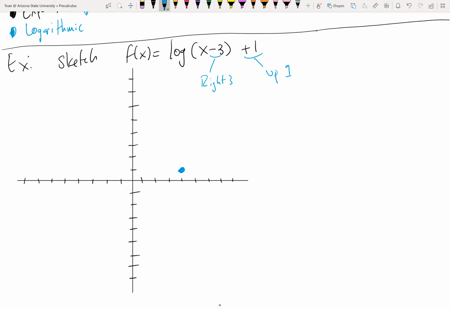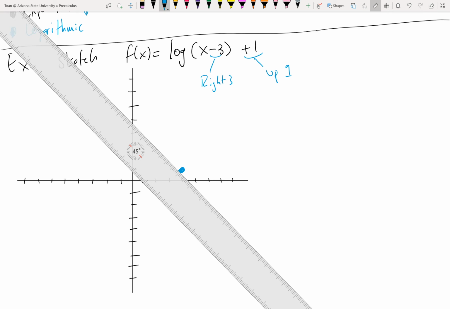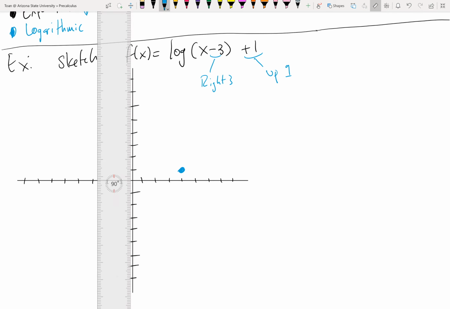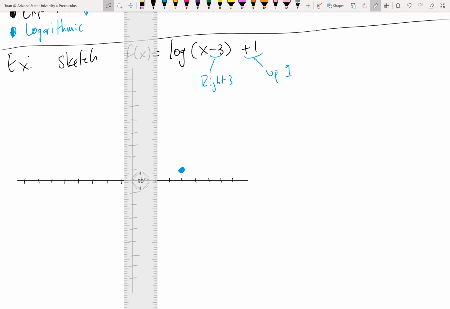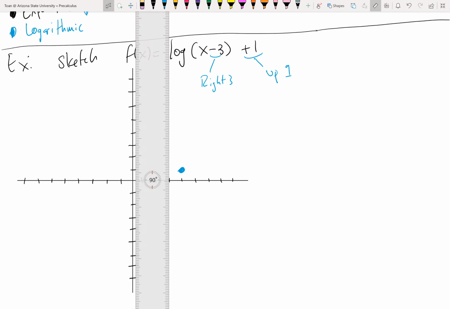You do the same thing for the vertical asymptotes. We know that logarithmic functions should have a vertical asymptote at x equals 0. So then you just perform the transformations. You're going to go right 3, 1, 2, 3, and then you're going to slide up 1. And I hope everyone can see that for vertical lines, when you slide up 1, it really doesn't do anything. So that stays as a vertical asymptote.